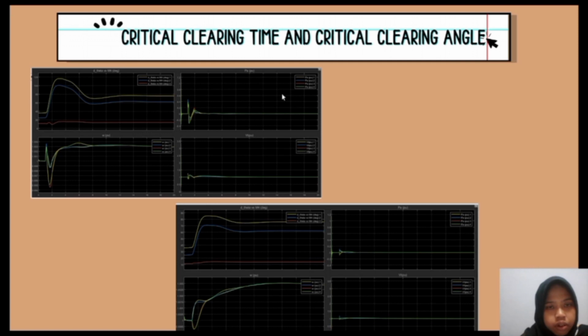In the graph for the permanent three-phase fault, the fault occurred at 1.5 seconds. Upon reaching the maximum time (CCT), all four graphs return to stable states. When a problem is cleared without losing synchronization, the maximum change in the load angle curve is referred to as the critical clearing angle, which is CCA.